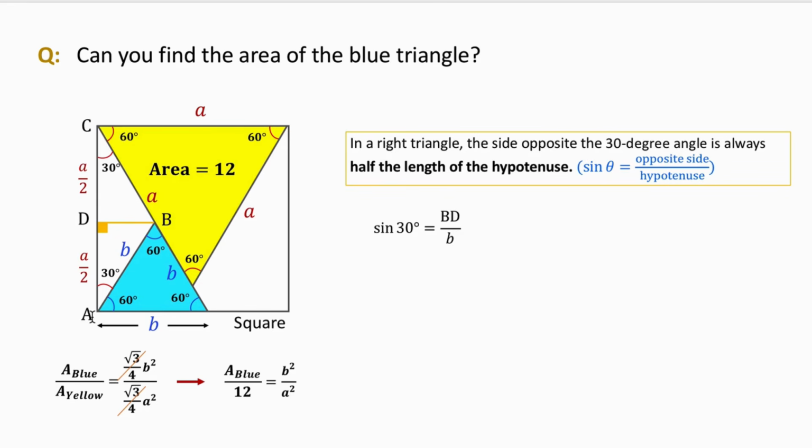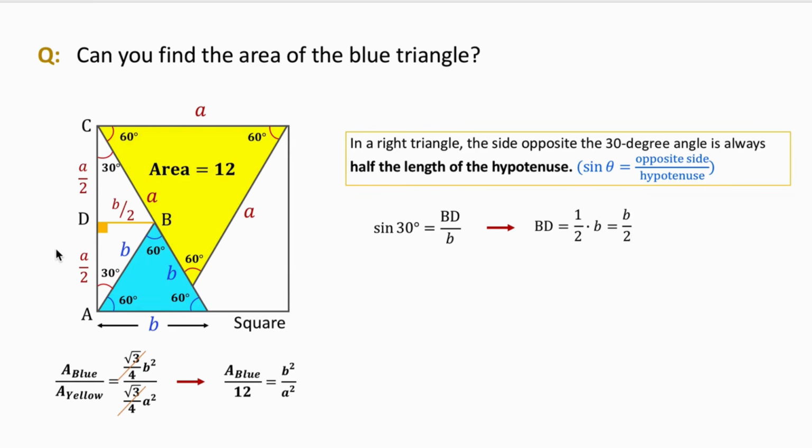So in the right triangle ABD, if we write sine 30 degrees, which is the ratio of BD to the hypotenuse, we get the length of BD as B over 2. So BD is B over 2, and AB is B, and AD is A over 2.